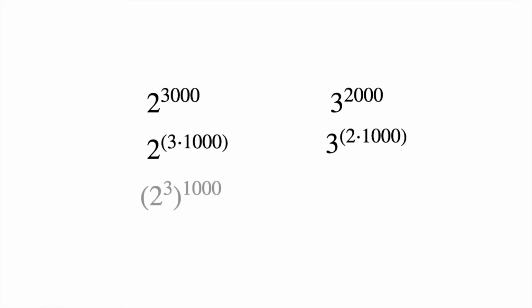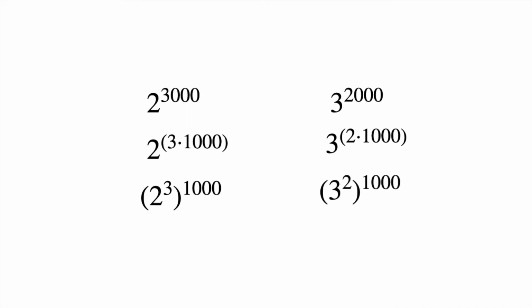Since they both have the word 1,000 in them, let's break 3,000 into 3 times 1,000, and 2,000 into 2 times 1,000. So we have that 2 to the 3,000 is the same as 2 cubed all to the 1,000, and 3 to the 2,000 is the same as 3 squared all to the 1,000.